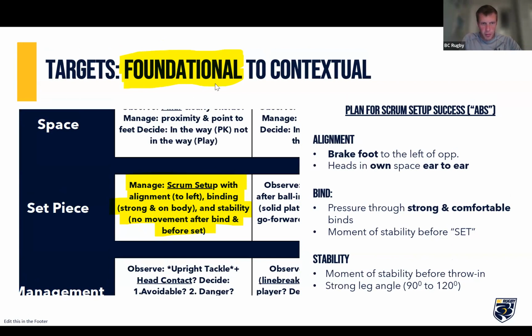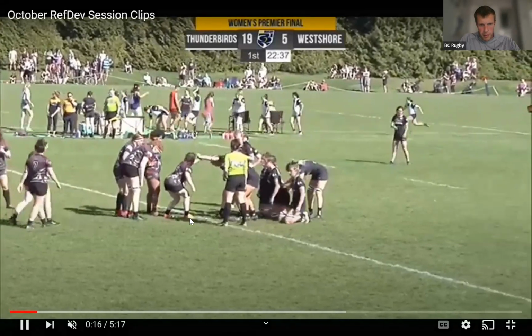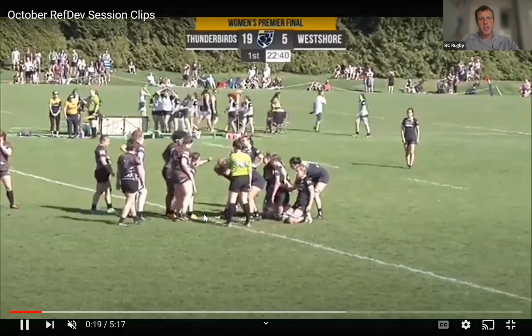So if we pause right here, just pop this up on my screen. If you're able to see the clips on the screen, both hookers have their break feet out early, both of the right feet, and they're to the left of their opposition.